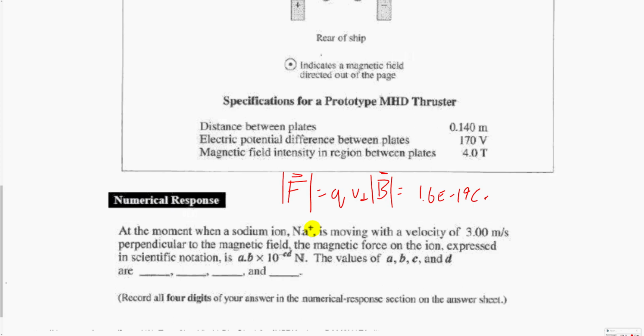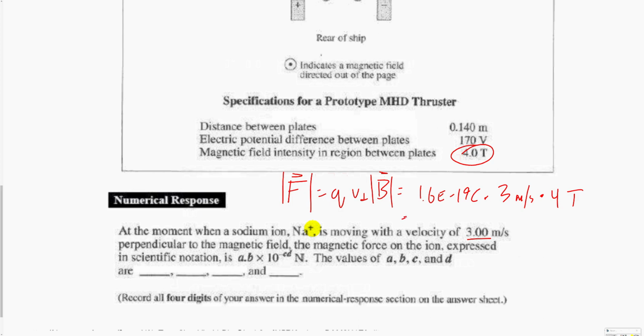Good. I'm looking in this big page of information, and they give it to me in the question itself. 3 meters per second. And then we multiply that by the magnetic field, which is up there, 4 Tesla. Don't overlook the obvious. We do have to sometimes go back and find that, but don't overlook the obvious if we're given that.